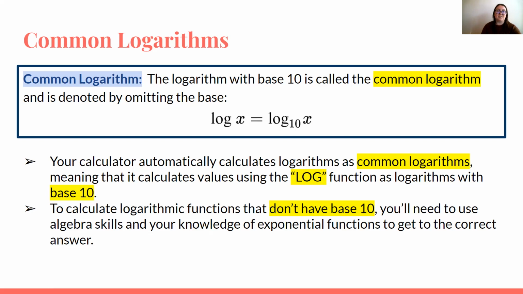I personally don't know how to do it, but I'm sure with a little looking online, you probably can. But if you didn't, then you would need to use algebra skills and your knowledge of exponential functions to get the correct answer. You just need to fiddle around with whatever you're given to try and solve it. But common logarithms are logarithms of base 10. That is what is in your calculator. That is what the button log on your calculator will solve for you.